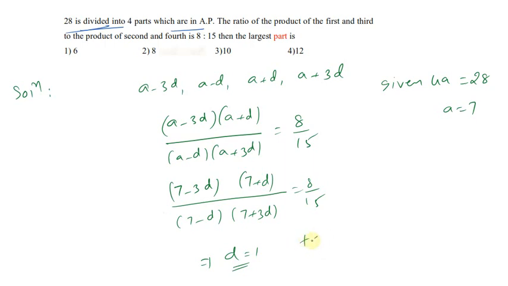When you substitute d is equal to 1 and a is equal to 7, you are getting 4, 7 minus 1 is 6, 7 plus 1 is 8, 7 plus 3 is 10. So these terms are in AP and the largest term is nothing but 10. The largest part is 10. Next, move to the next one.